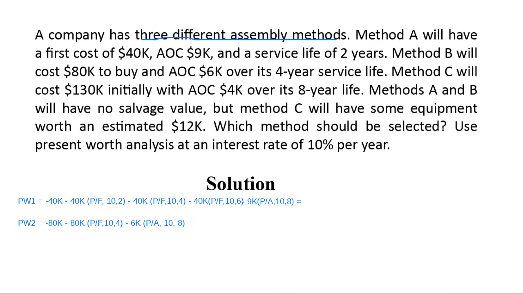For the third method, it will be only one cycle because the number of years is only for one cycle. That leads us to the 130,000, which is the first cost, and no need to convert it. It is already at present.